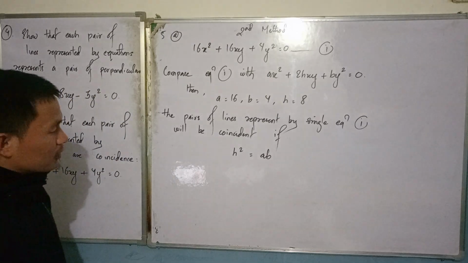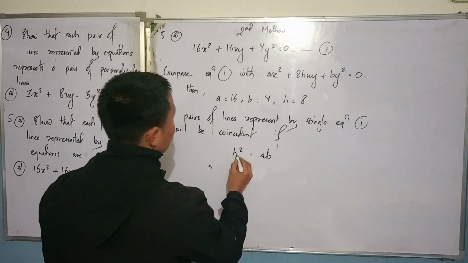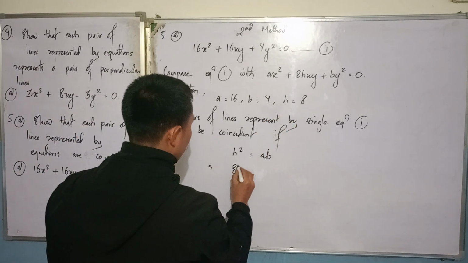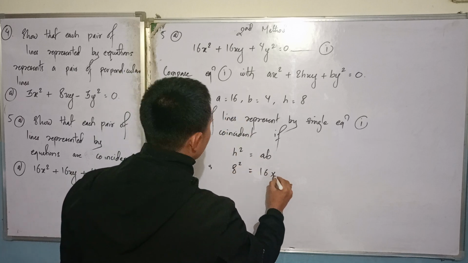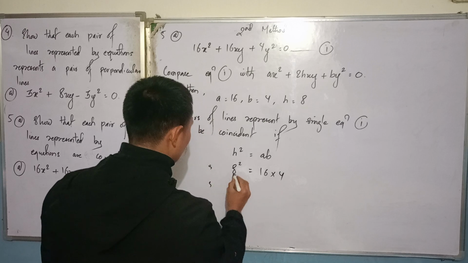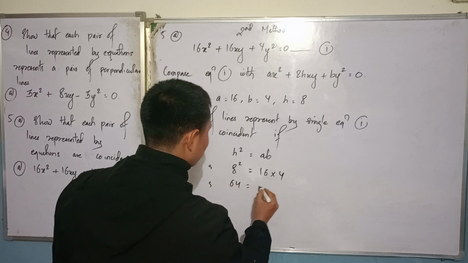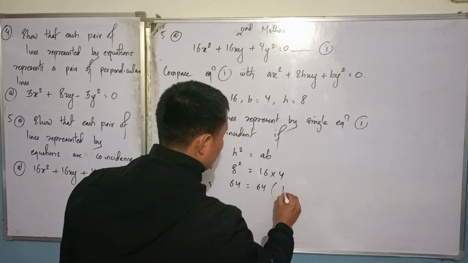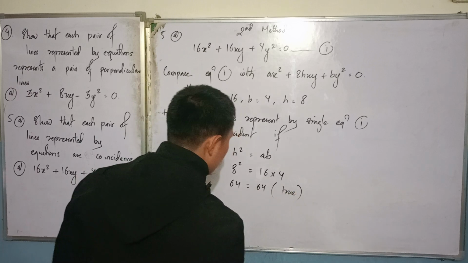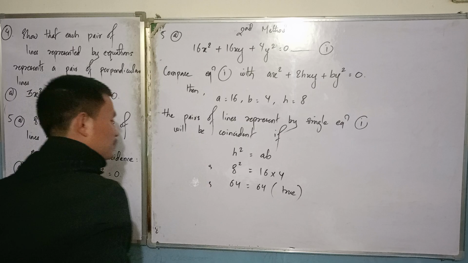Okay, so let's see. So h we have 8 squared, and ab we have 16, and b we have 4. So 8 squared we have 64, and 16 times 4 is also 64, which is true.